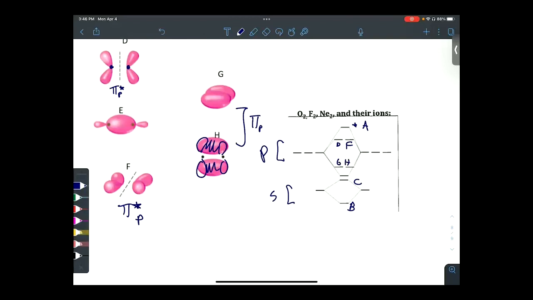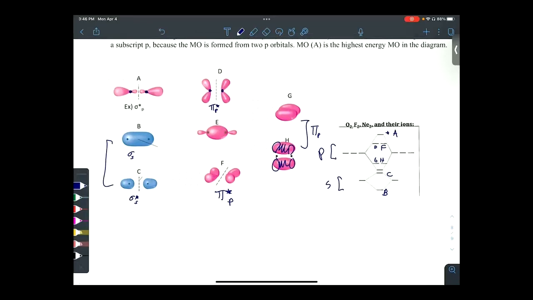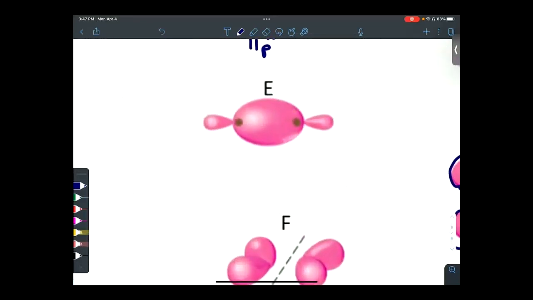Right, is that all of them? No, we're missing one. Which one did we not do? E, yes, E, okay. So E, what type of interaction? Pi, sigma, sigma. Okay, is it bonding or anti-bonding? Bonding, because electron density is between the atoms, but then the question is, between what orbitals?